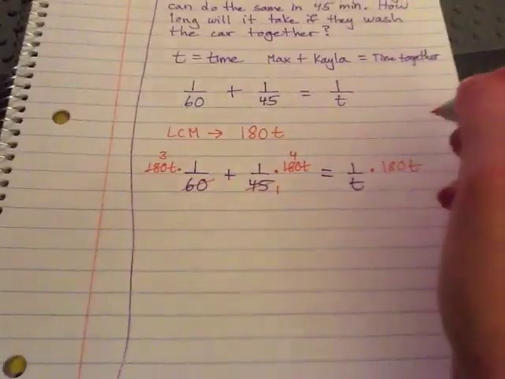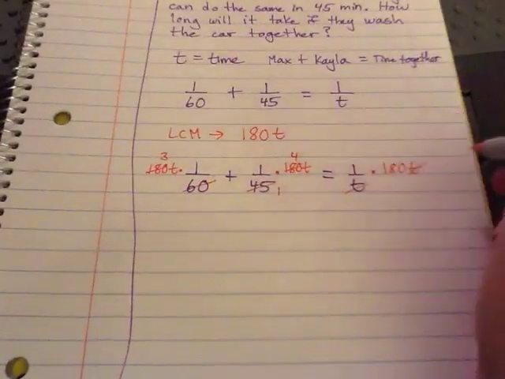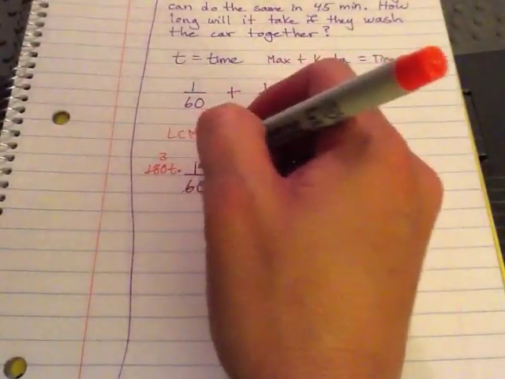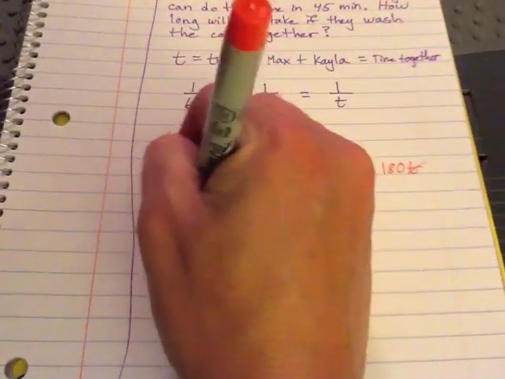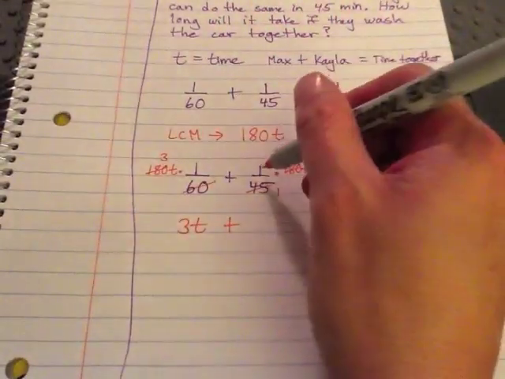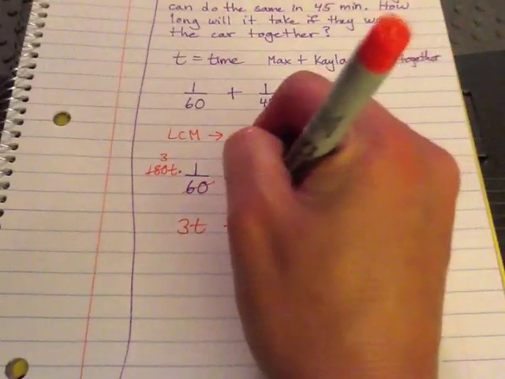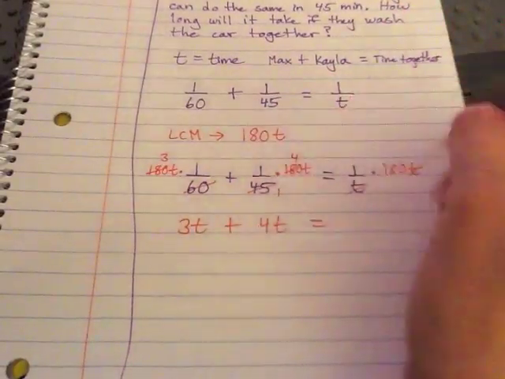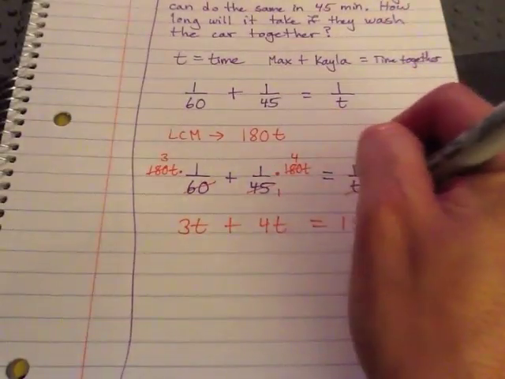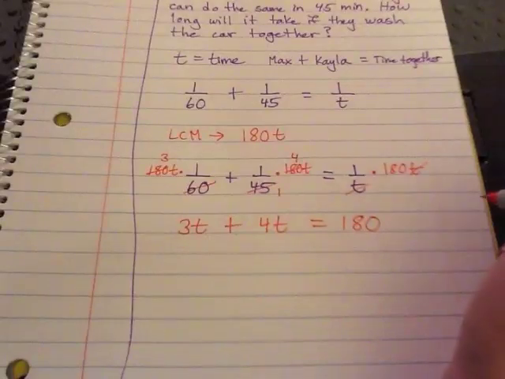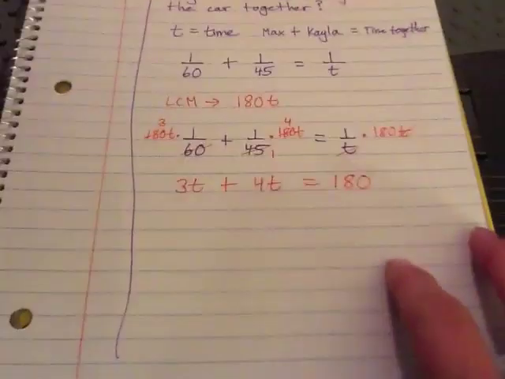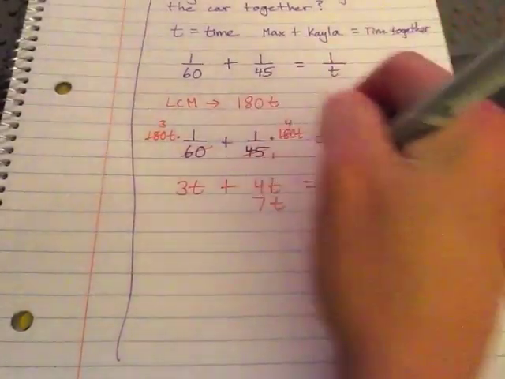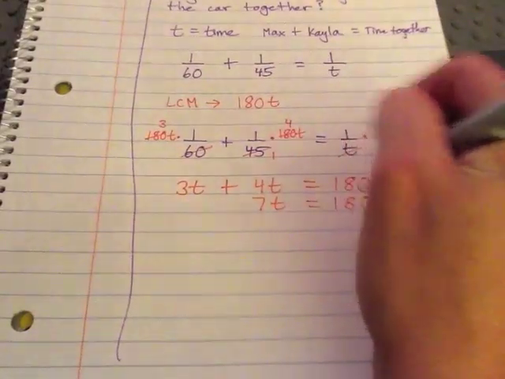Now you're going to go ahead and multiply across. Don't forget these t's also simplify. So 3t times 1 is 3t. 1 times 4t is 4t. And 180 times 1 is 180. Now you've got a nice simple equation to solve. 7t equals 180.